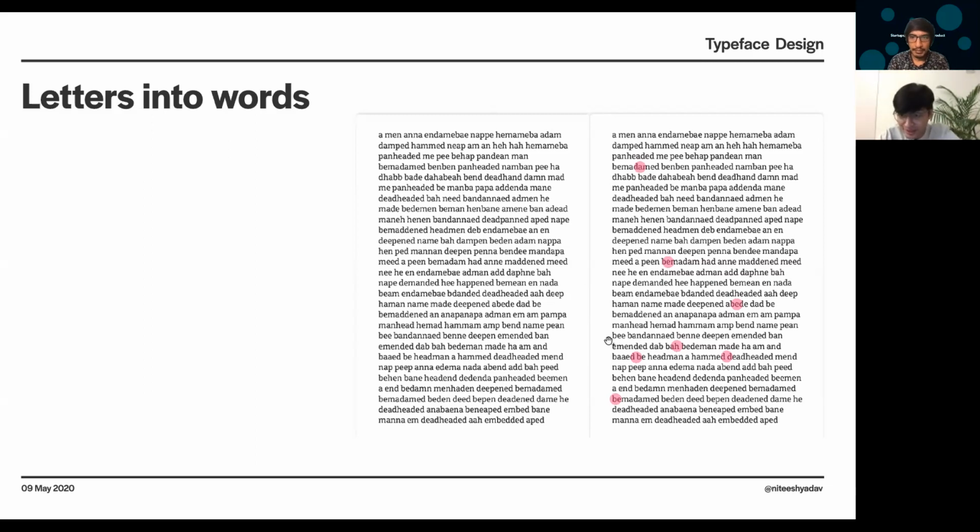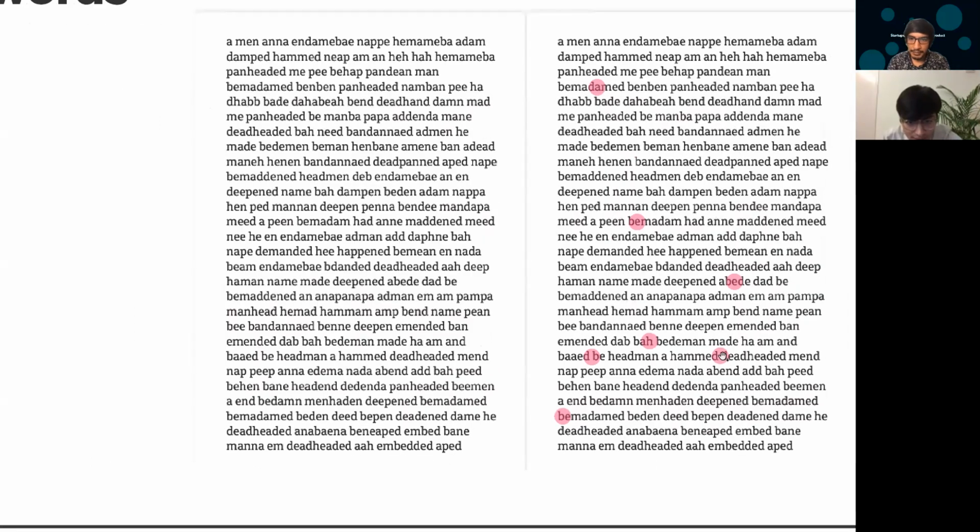Then you have to go through these different random strings of text, different words, and find out where the spacing is breaking. In this case, just imagine the spacing is breaking between B, E, and M, and we have to mark for that.